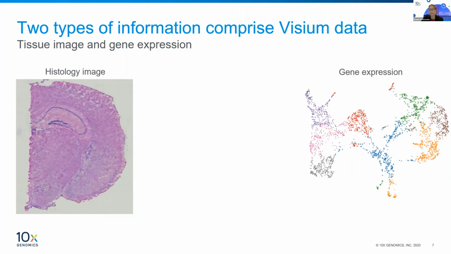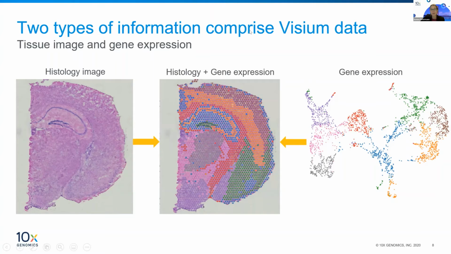And on the other hand, we are capturing the whole transcriptome within the section. This is portrayed here in one of those typical t-SNE plots. Each spot here doesn't represent a single cell. Each spot represents the transcription profile of a barcoded spot. And depending on your tissue type, that can be anything from 2 up to 20 cells.